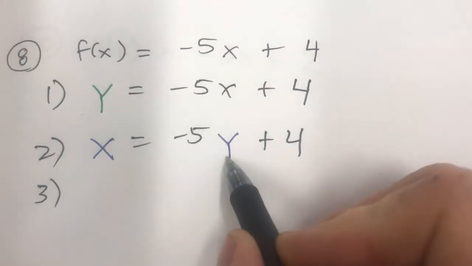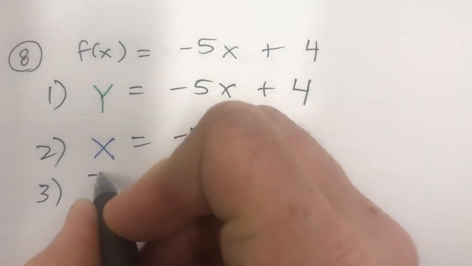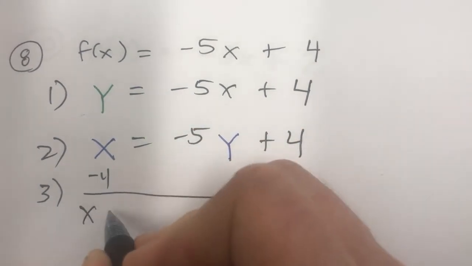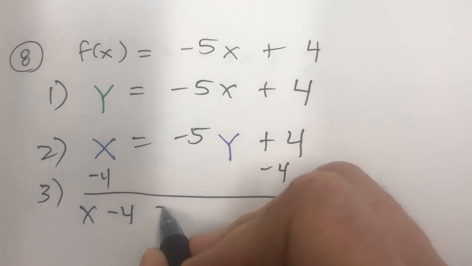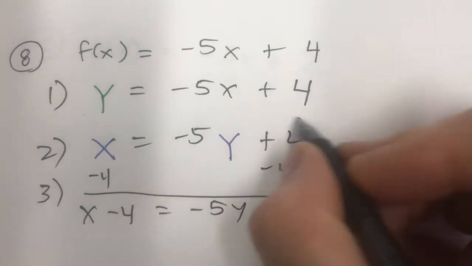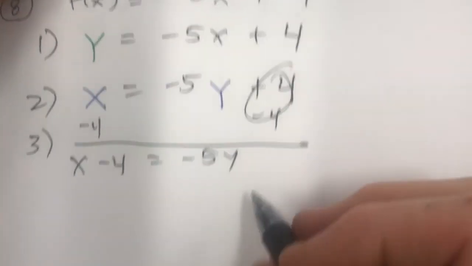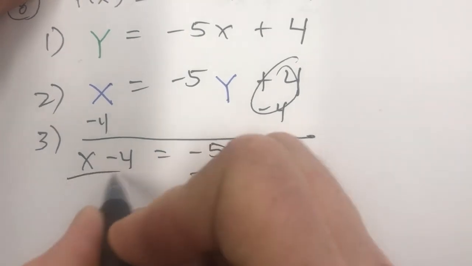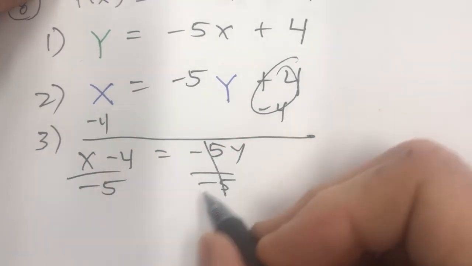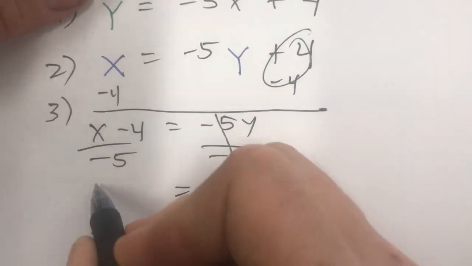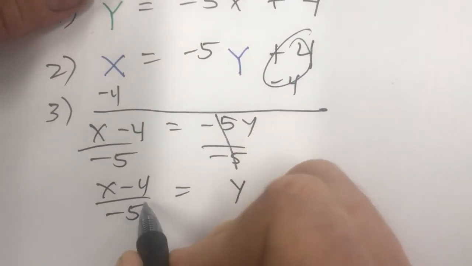The first thing I do is subtract 4. So I'm going to have x minus 4 equals negative 5y, and this goes away. And then I just divide by negative 5. This will cancel, and y equals x minus 4 all divided by negative 5.